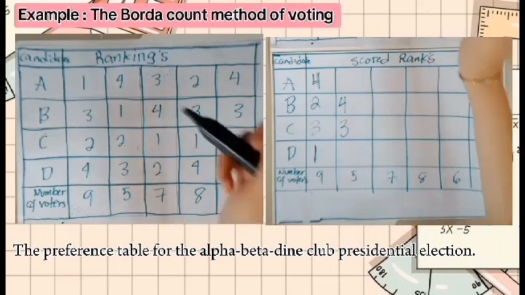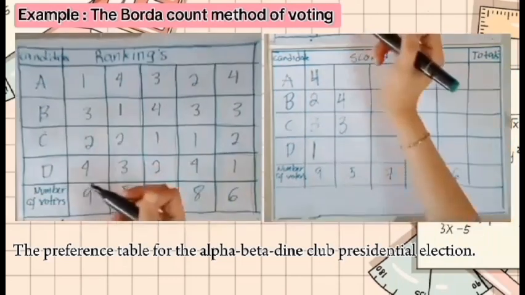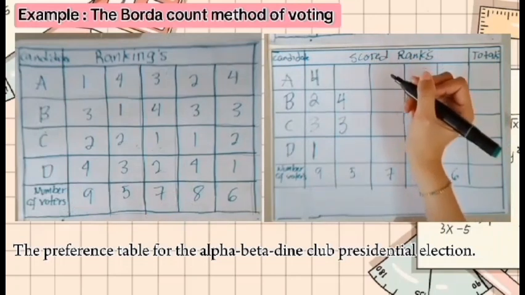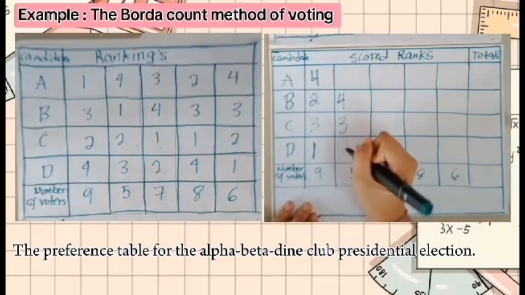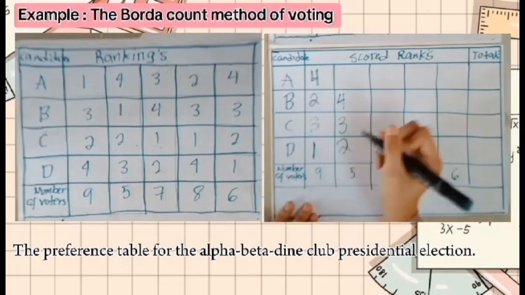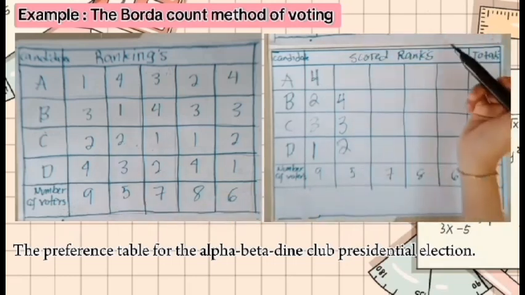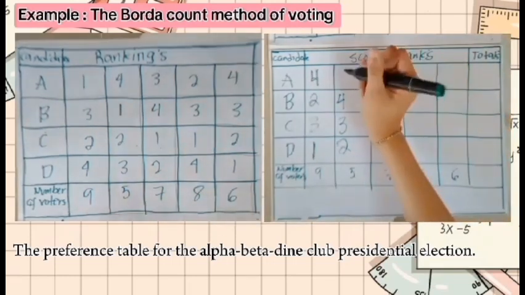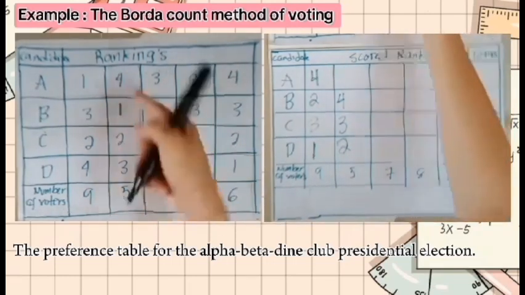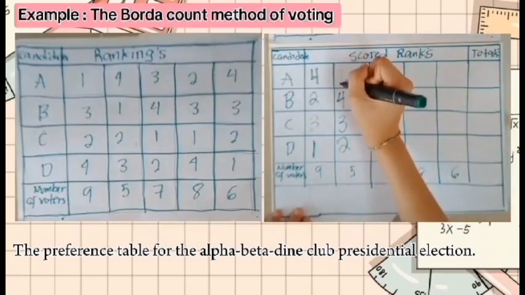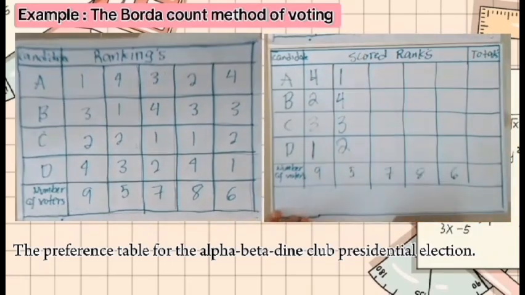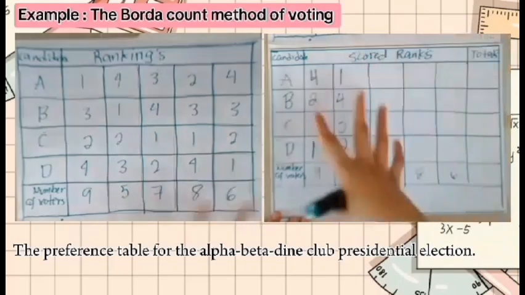Si candidate D naman ang nakakuha ng third place. So, siya bibigyan natin ng 2 points. Si candidate A naman ang nakakuha ng rank 4. So, siya mabibigyan ng 1 point. So, ipagpatuloy lang natin siya.